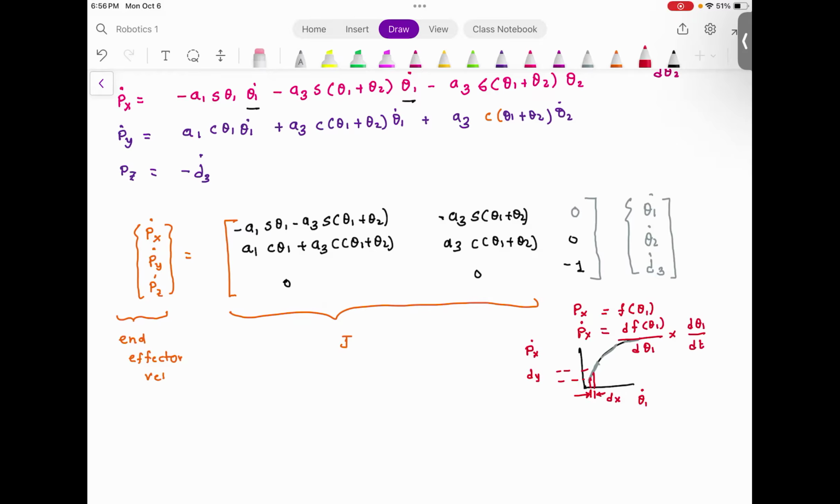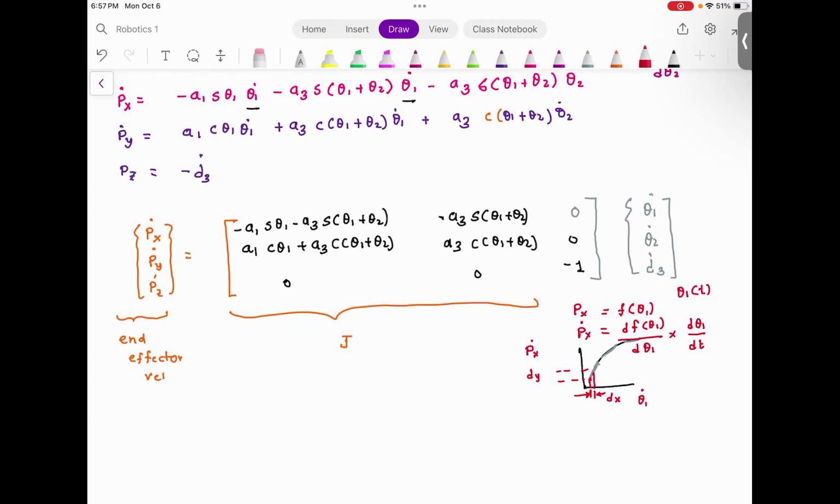And why is that? Because theta 1 is dependent on time. Theta 1 is a dependent variable. At the end of the day, your derivative needs to be with respect to the independent variable. So what you have seen here is the slope, and this is nothing but the Jacobian.